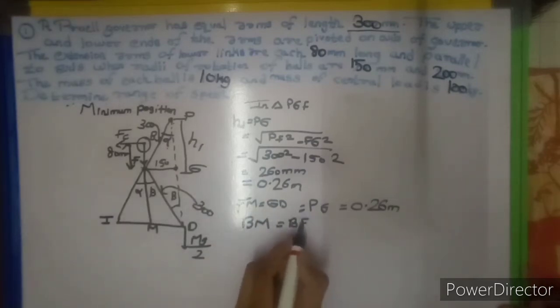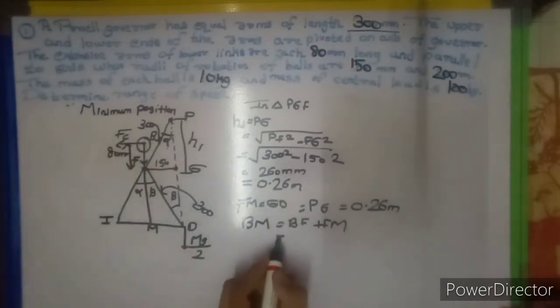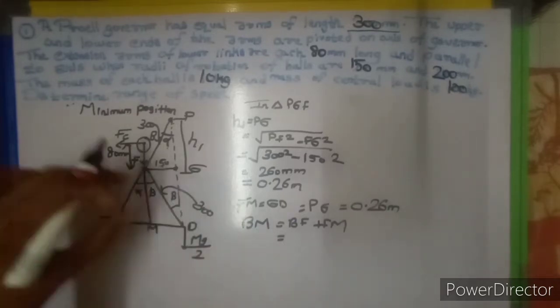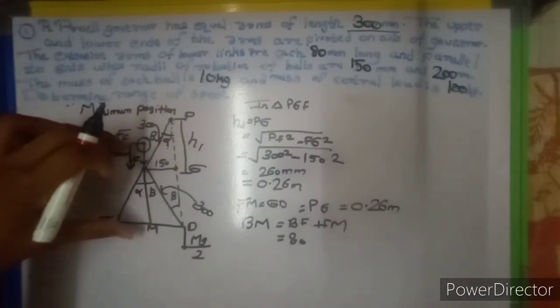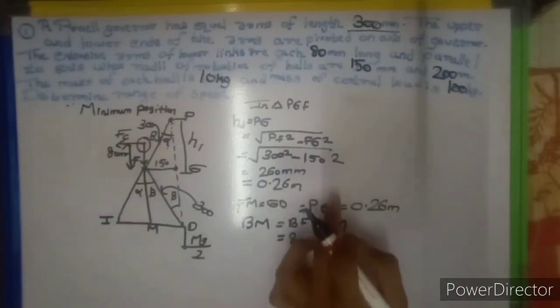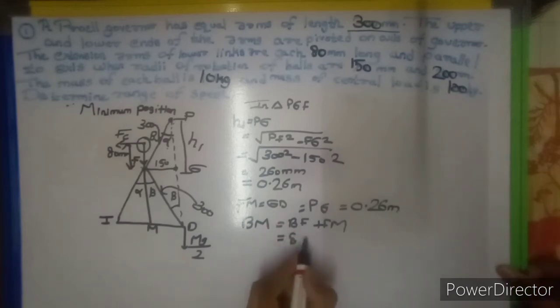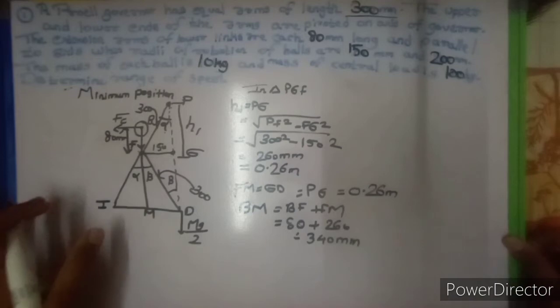FM is equal to GD, which we know, and BF is 80. Basically we have to find the whole BM. That is why we have equated them. So FM is 260, and we will get 340, which is 0.34 meter. Keep it in mm only.